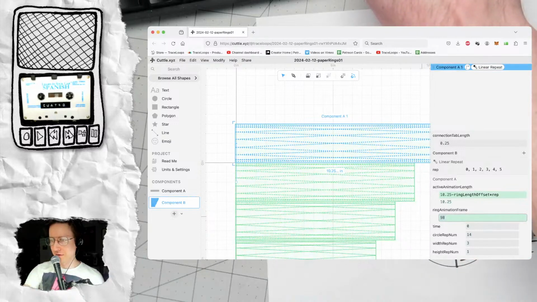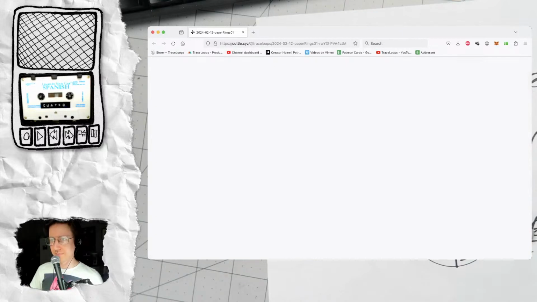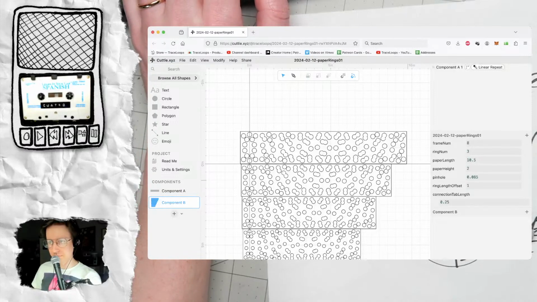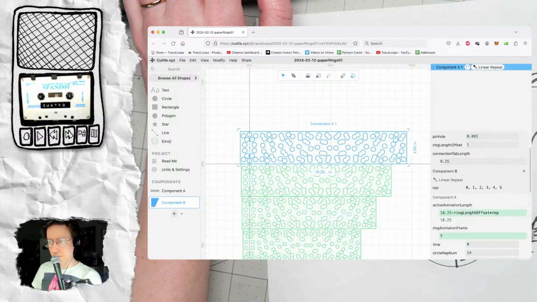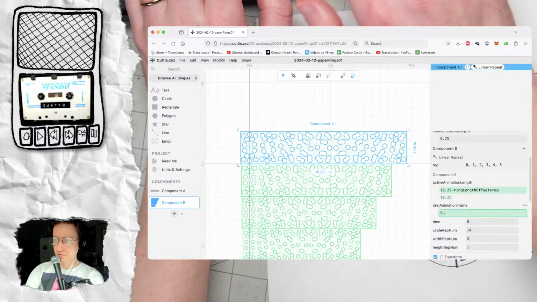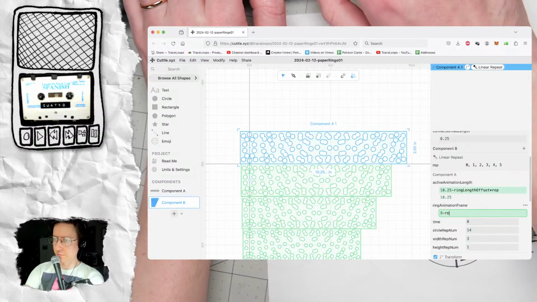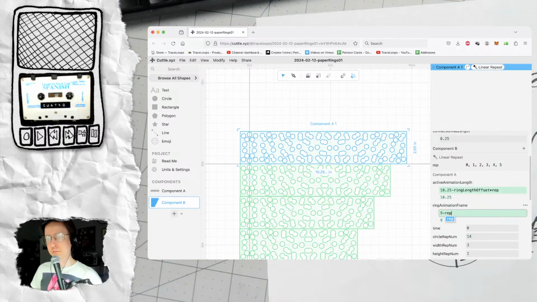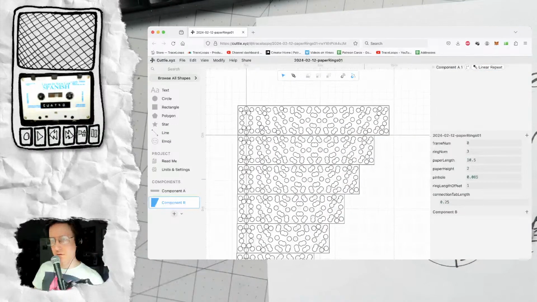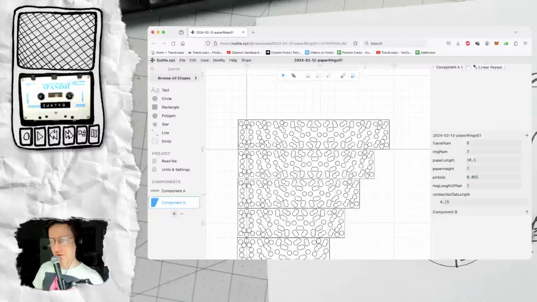I would like this to be 9. Minus rep. Do not know why that's offsetting that just a tiny bit.